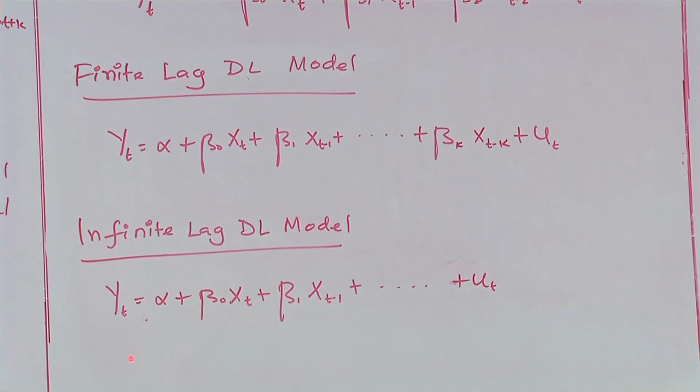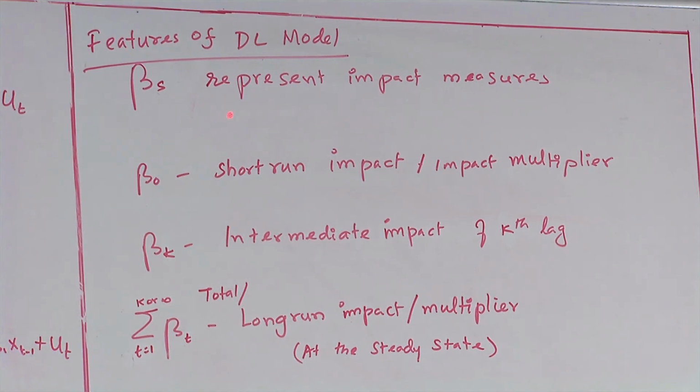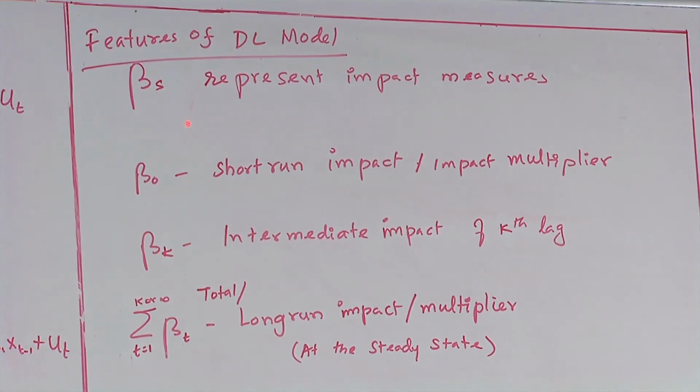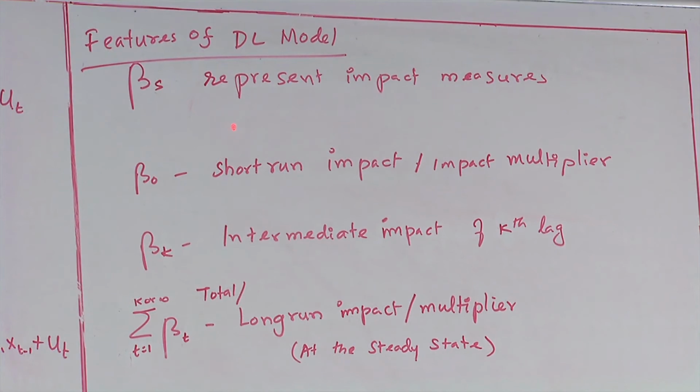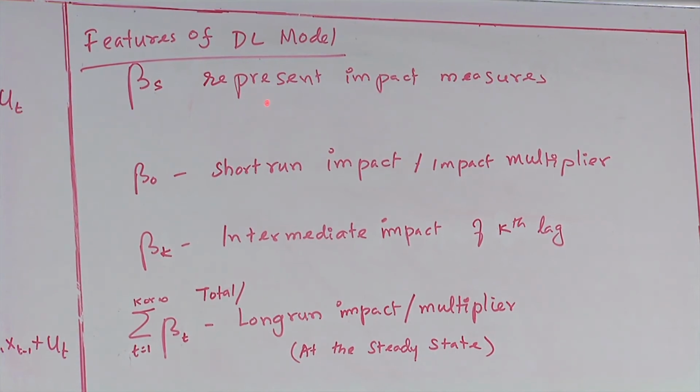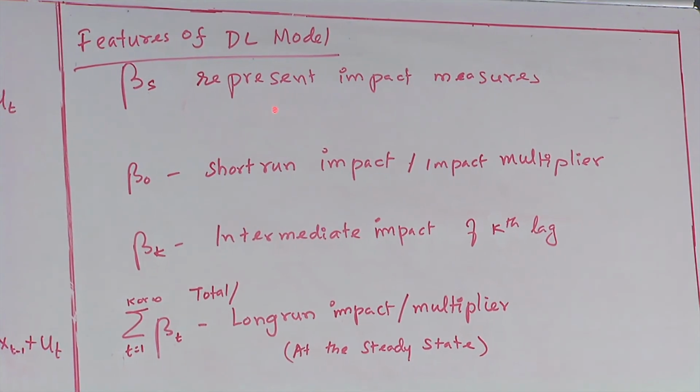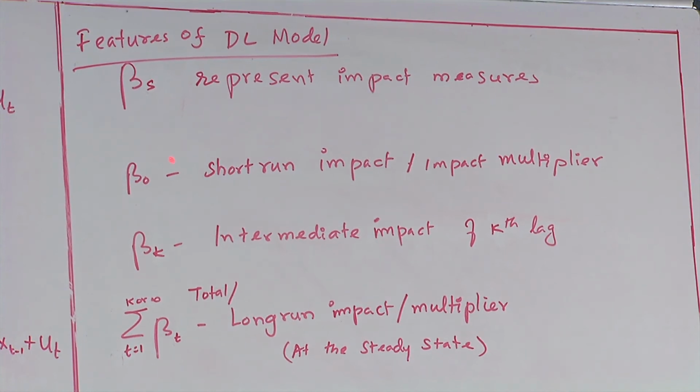Let us see some of the features of the DL model. In the distributed lag model, the regression coefficients are taken as the measure of impact. So, the betas are the representations of impact measures.